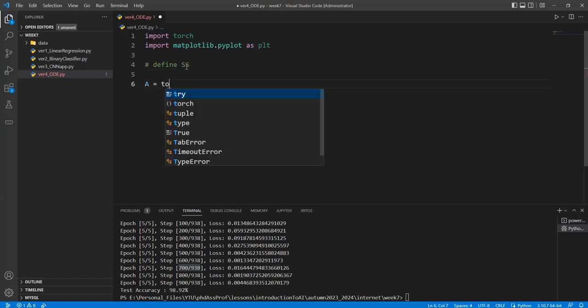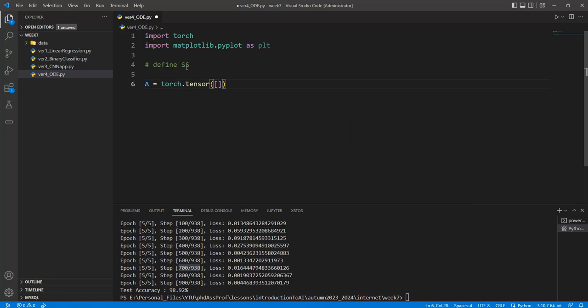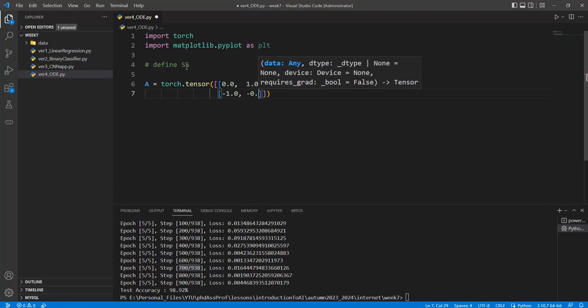A is a torch tensor with the parameters of these terms like this one, 0.0 and 1.0, and the final row 0, 1, minus 1 and 0.5.